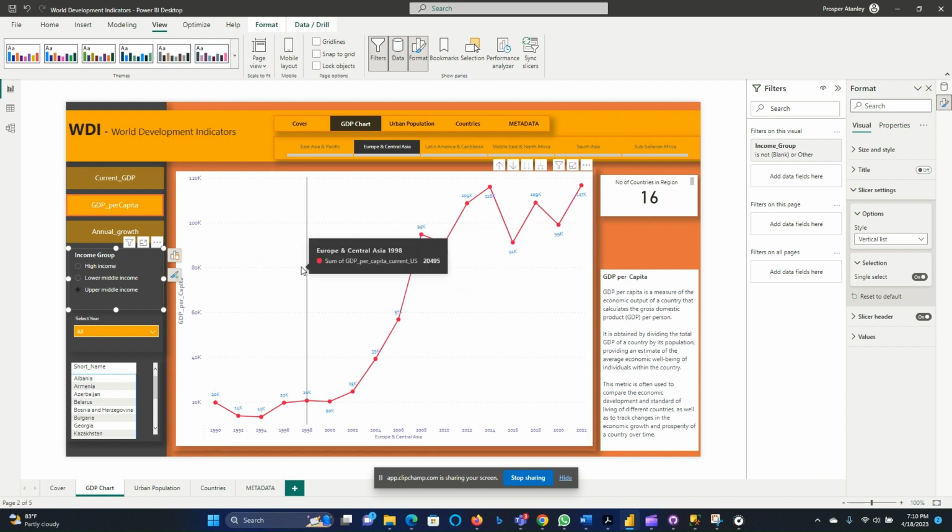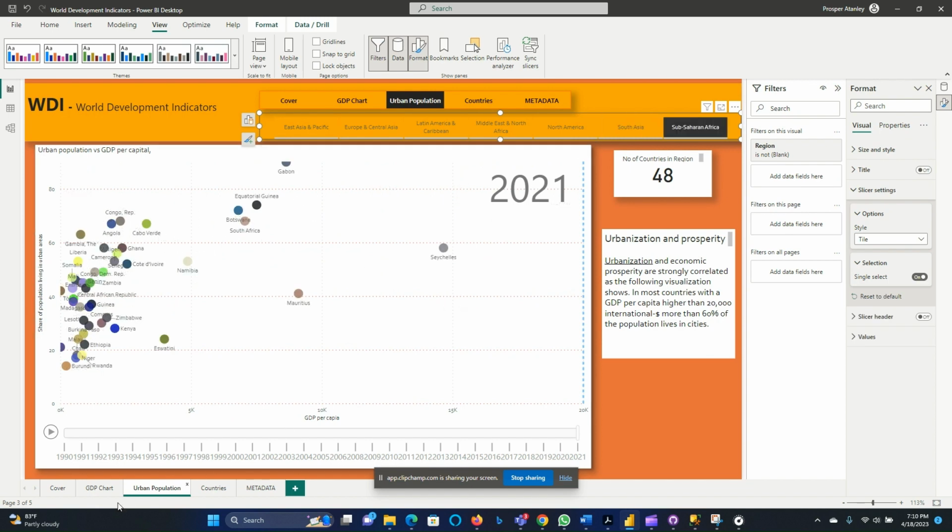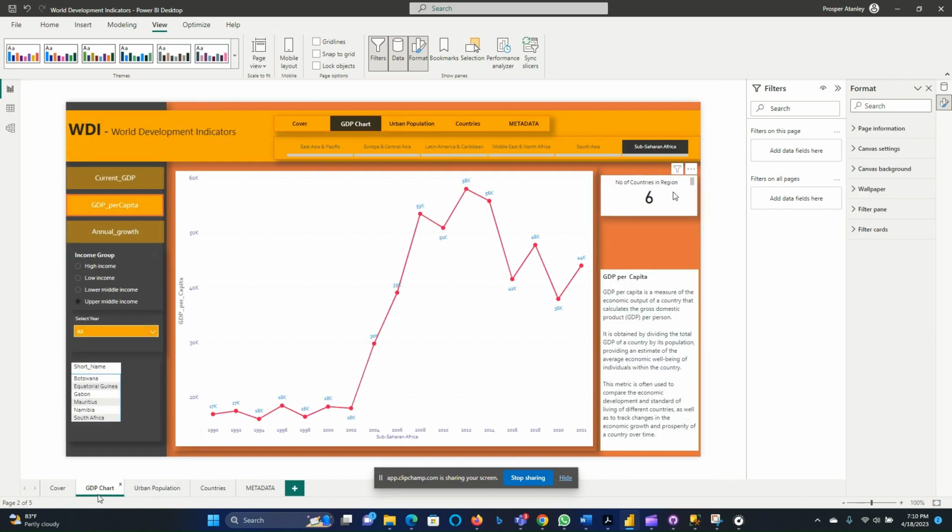And we're going to move towards the next charts here. This is the chart for the entire population. And this is the urbanization and per capita income.